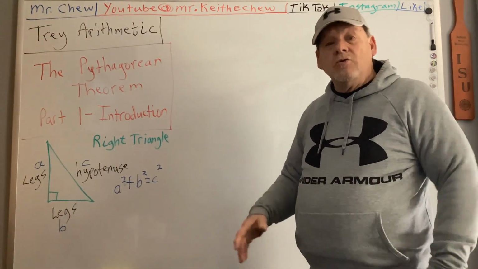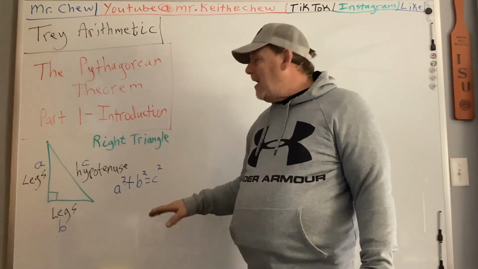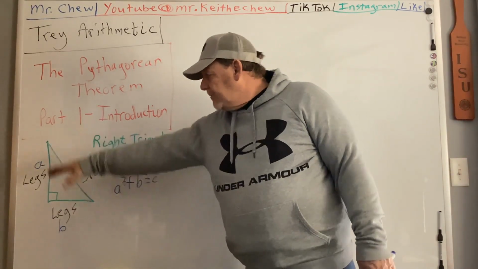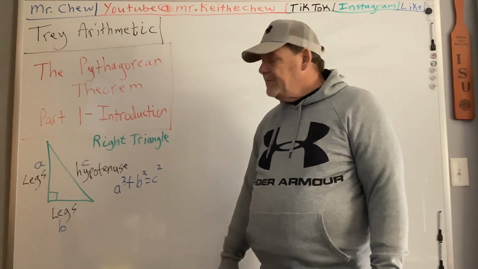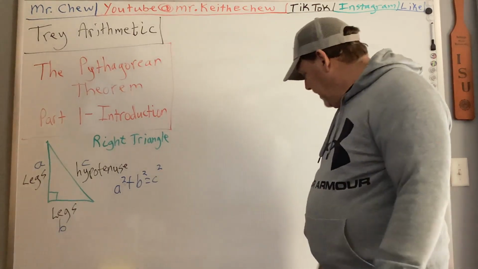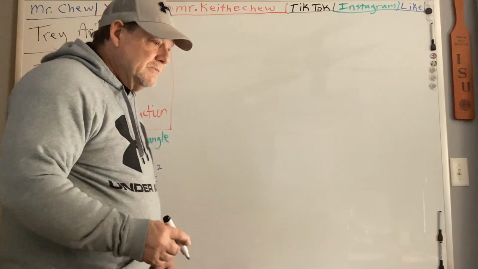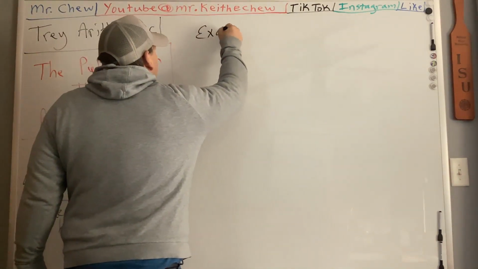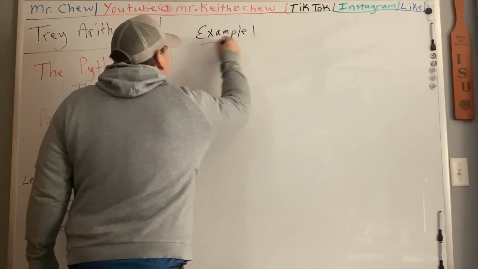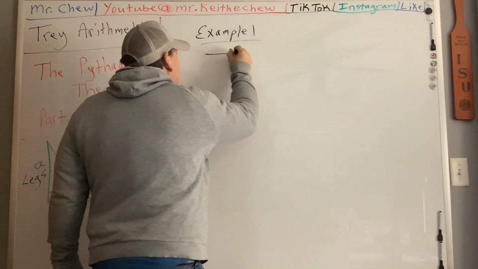So we can use arithmetic and basic algebra to find a missing length in the right triangle if you're given the other two sides. Let's see if we can do a couple of examples. In example one, I have a right triangle.